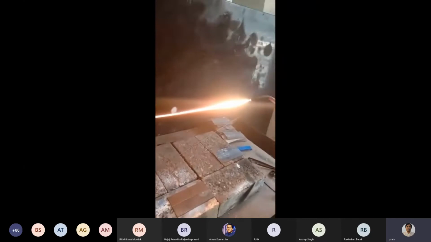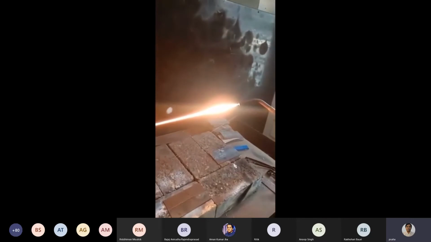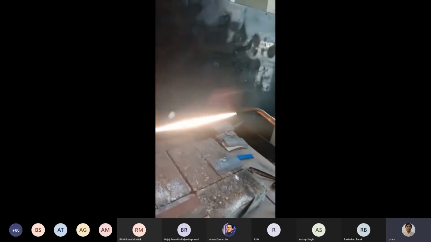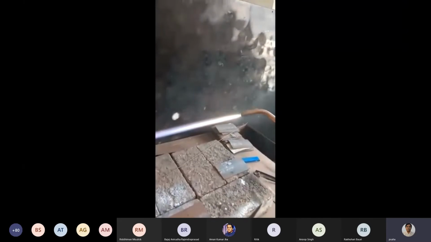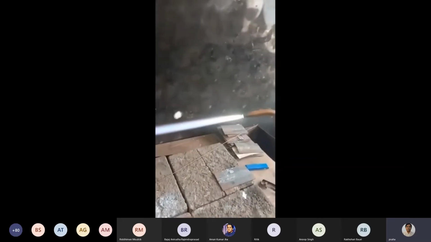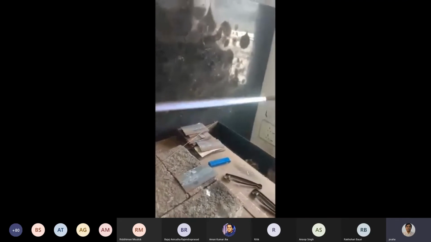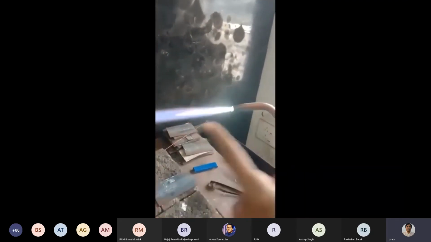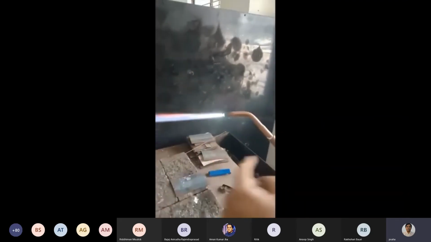Now you see the flame, how the flame is changing, and this is the initial flame, and this flame is called the carburizing flame. You see there are three types of layers coming.